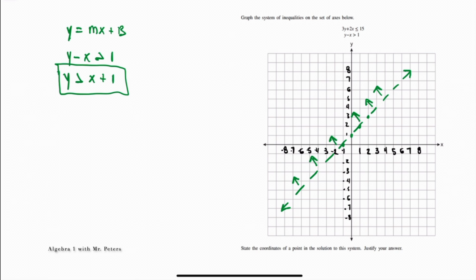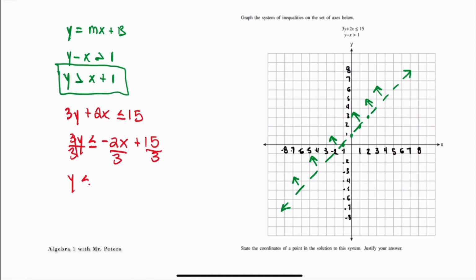Now when we go back to the other inequality, 3y plus 2x is less than or equal to 15. First step is going to be subtract our 2x. So 3y is less than or equal to negative 2x plus 15. And now we're going to divide by 3.